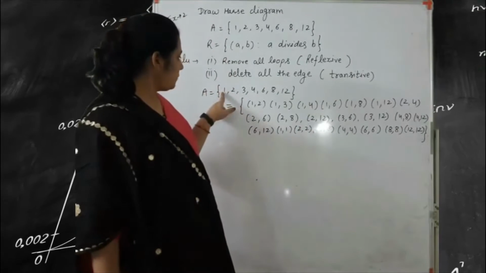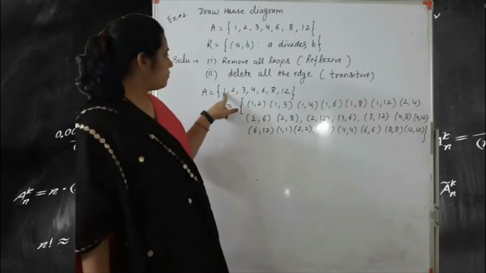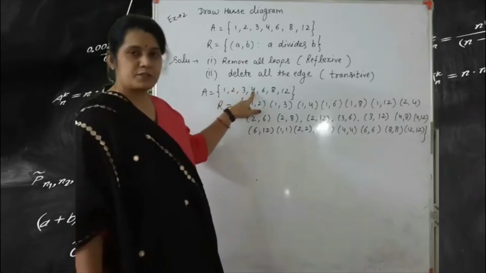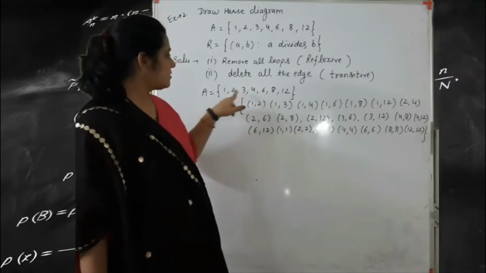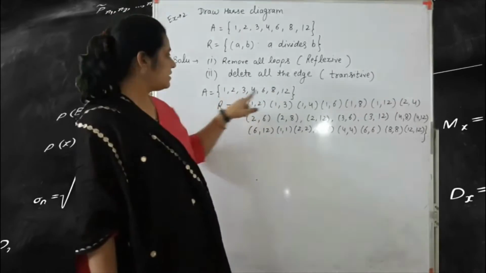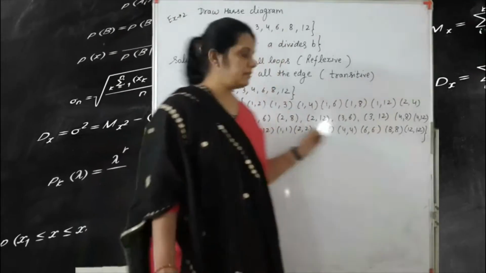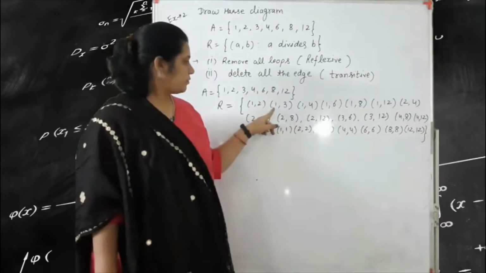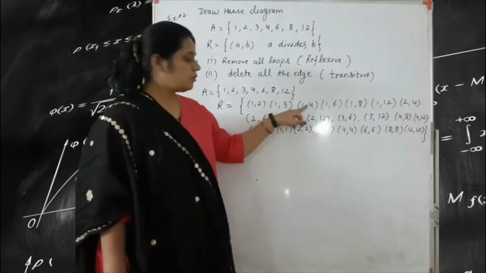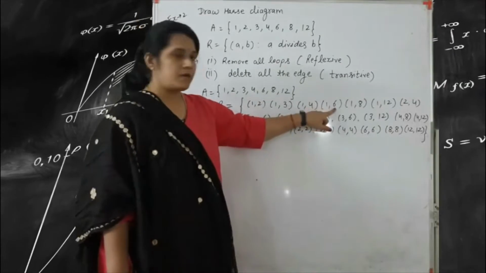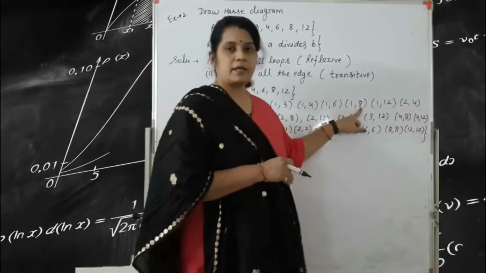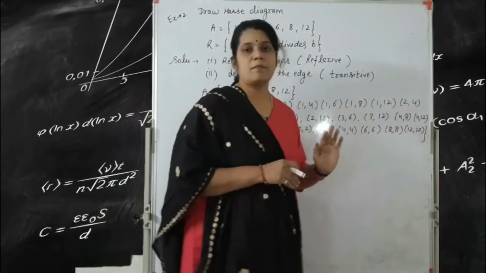Okay. 1 divides 2, 1 divides 3, 1 divides 4, 1 divides 6, 1 divides 8 and 1 divides 12. So we write here (1,2), (1,3), (1,4), (1,6), (1,8) and (1,12).